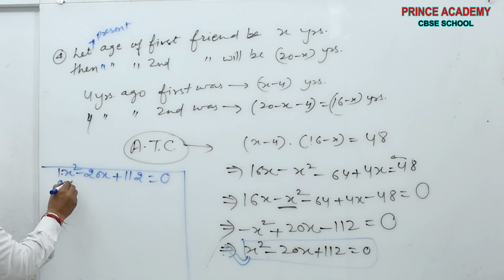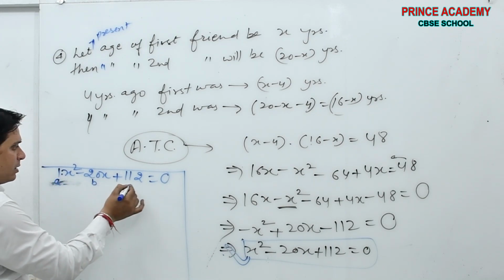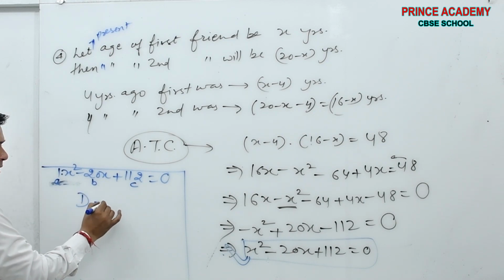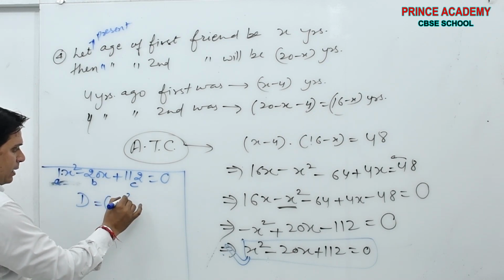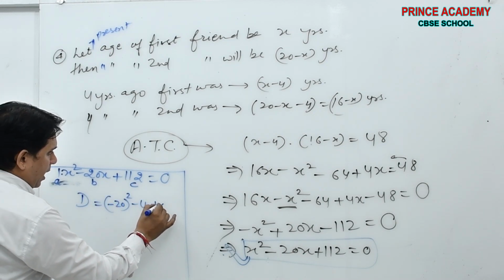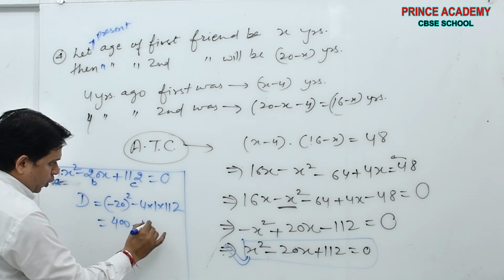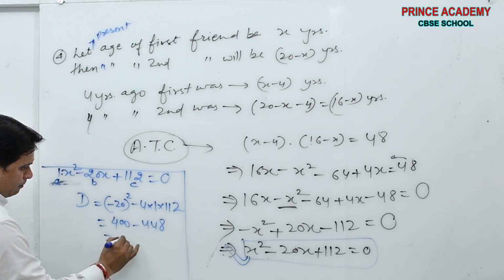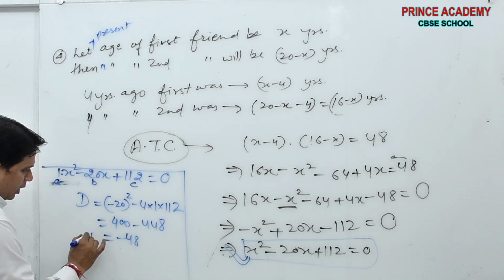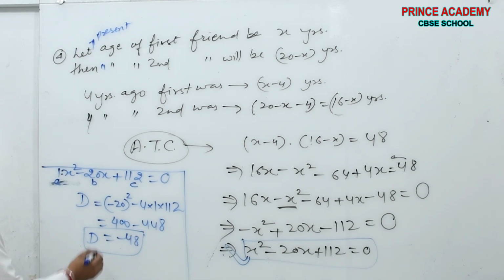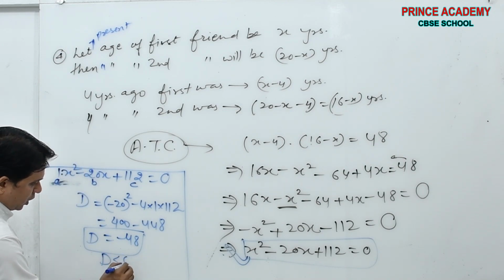A is 1, this is B, this is C. D is B square minus 4AC, 400 minus 448, minus 48. What does it mean? D is less than 0.